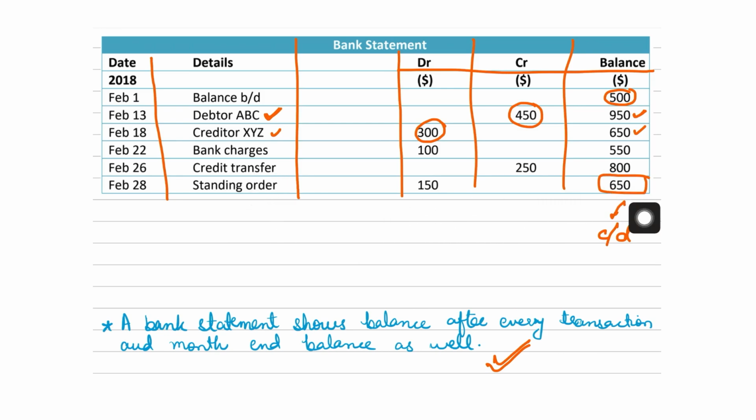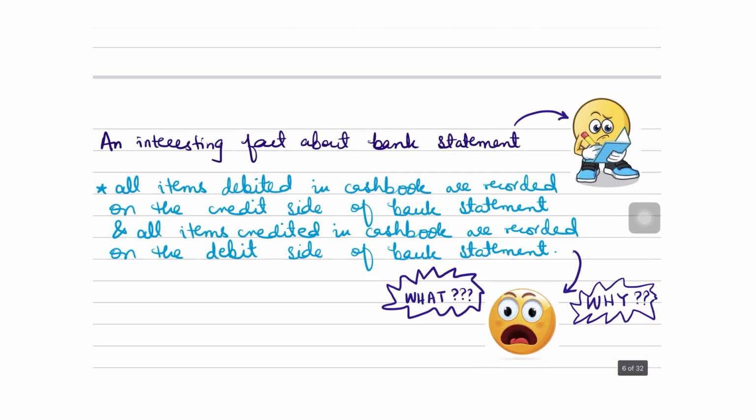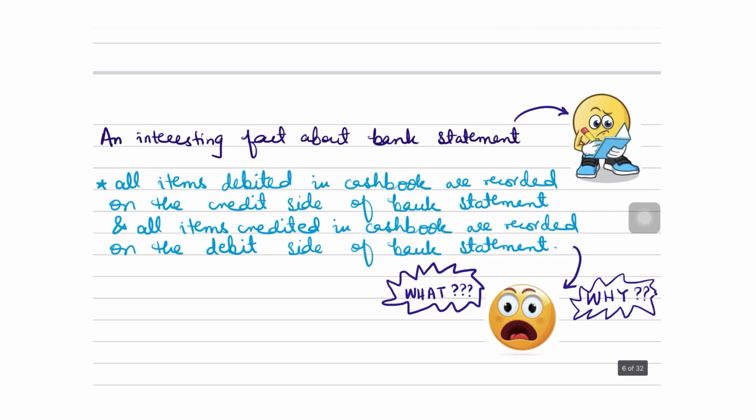So what do we know about the bank statement so far? That it is prepared and sent by the bank, and it shows the balance after every transaction, and it must tally with the cash book, and for that we prepare a bank reconciliation statement. Now I will tell you a very interesting fact about the bank statement, which some of you might have noticed so far, that is the items debited in the cash book.